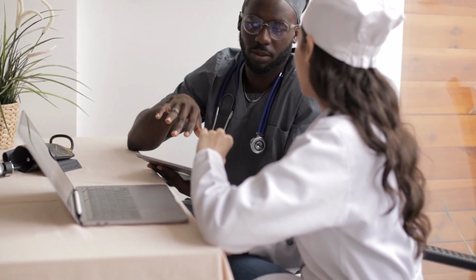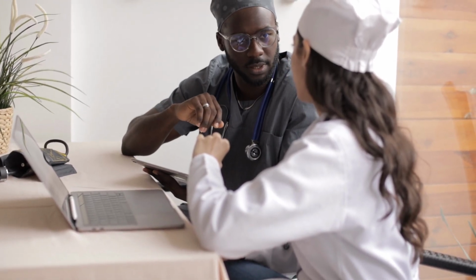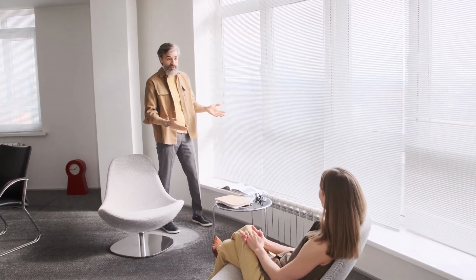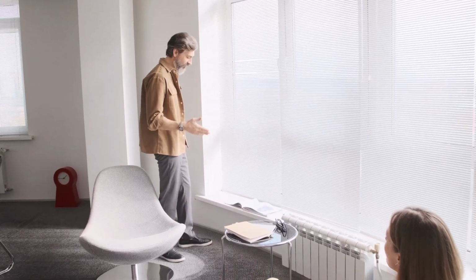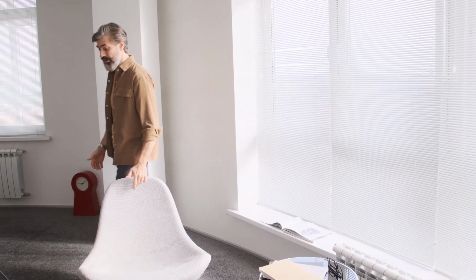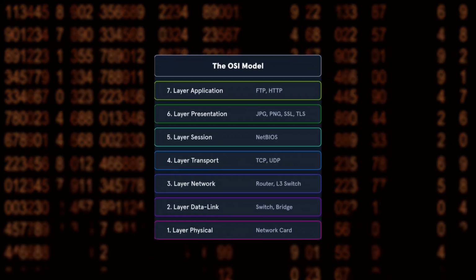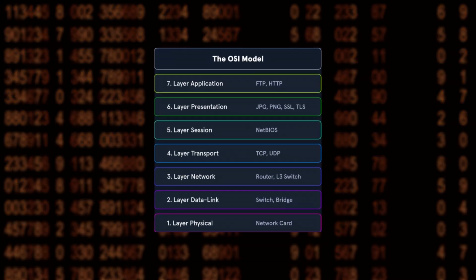You know how when you're talking to a human being, you just open your mouth and your vocal cords, I don't know how talking works, who knows. But these frameworks were created for us human beings to understand how computers actually communicate with each other. So let's start off with the OSI model.